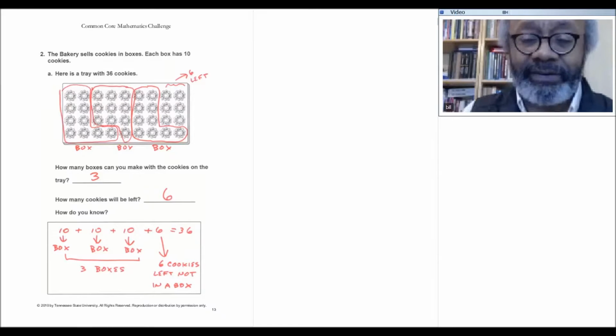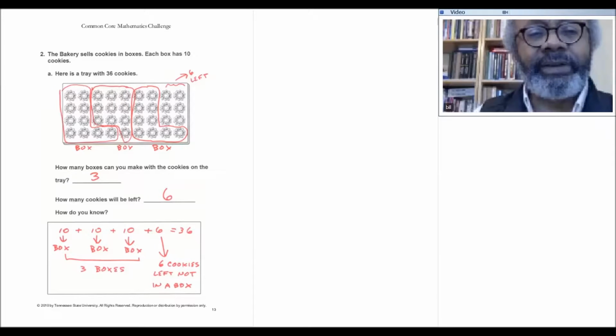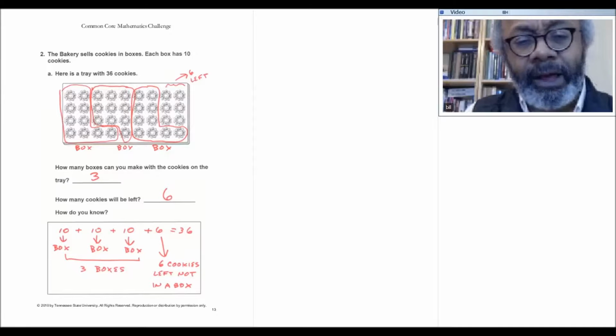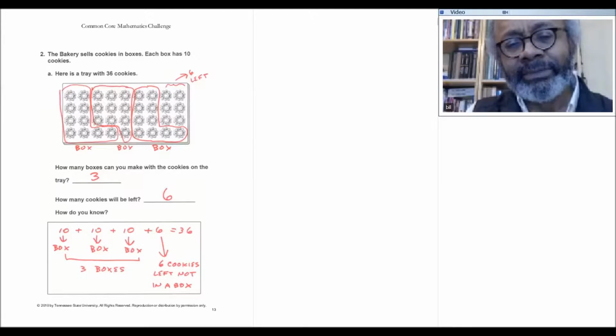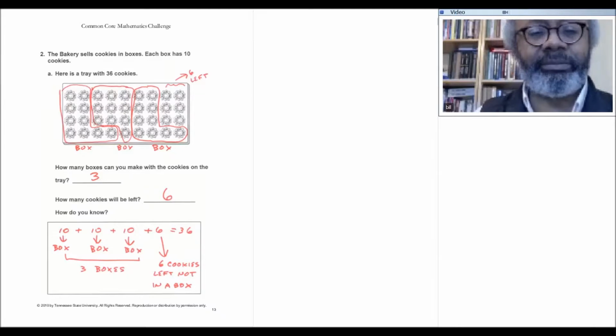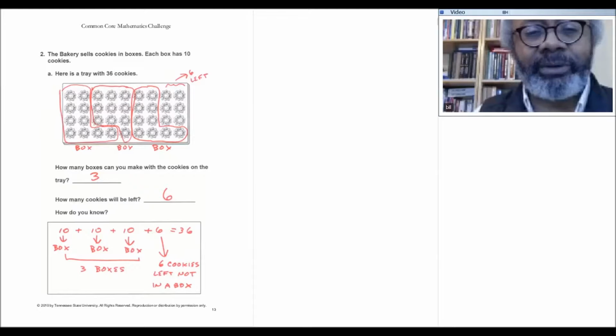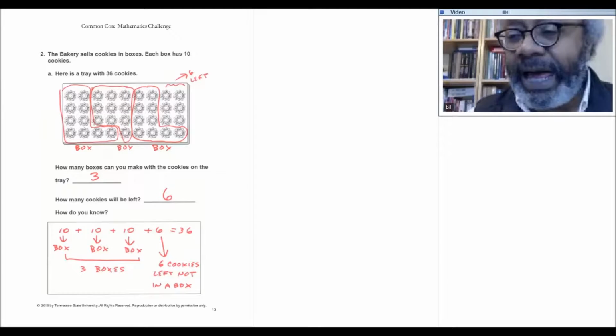So there's the tray of 36 cookies here. This is actually the page that shows a portion of the solution to this problem. What's happening in the problem is students are given a tray with 36 cookies.